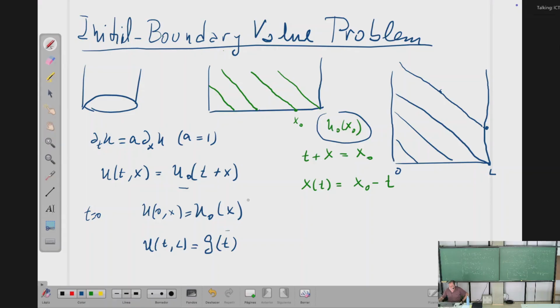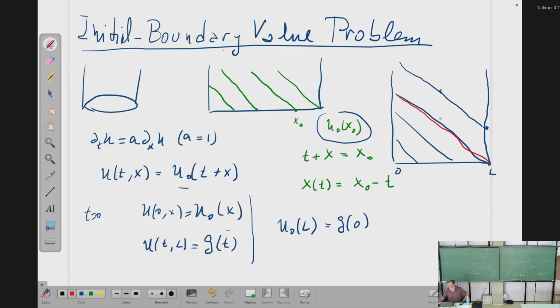And if you want a smooth solution, there is a compatibility condition that says that u0 of L should be equal to g of 0, okay? Because in this point, what you have here should be equal to the line that goes out from the vertex, so these are supposed to be the same.